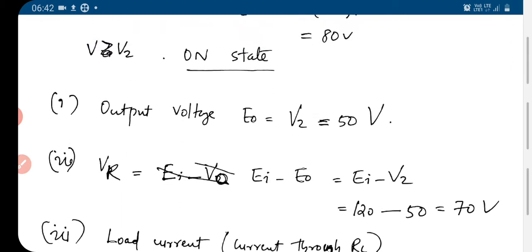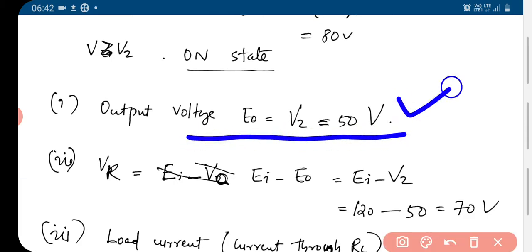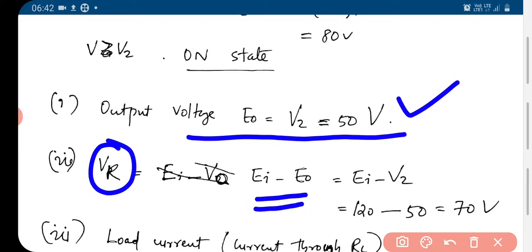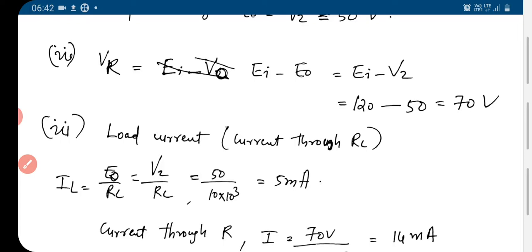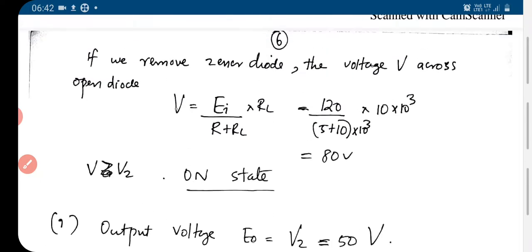Since the Zener is in the on state, the output across it is given by the Zener voltage, 50 volt, the regulated voltage. The VR, the voltage drop across the series resistance R, is given by EI minus E0, which is EI minus Vz, that is 70 volt.